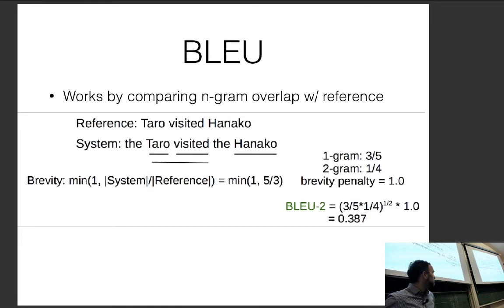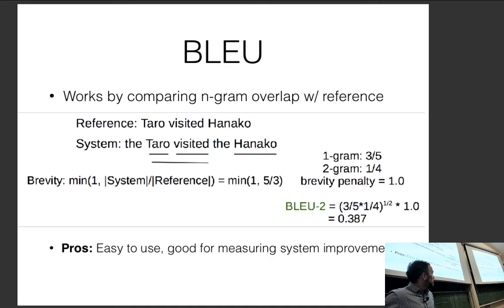Evaluation of the output, you can also do this by somehow taking the outputs and automatically comparing them to some sort of reference. So you take the system output and you compare it to the human-generated reference or references, and you say how closely do these match with respect to the words that you have in the output. So this is pretty good and easy to use, especially if you have really bad systems.